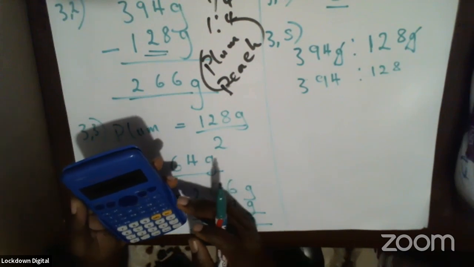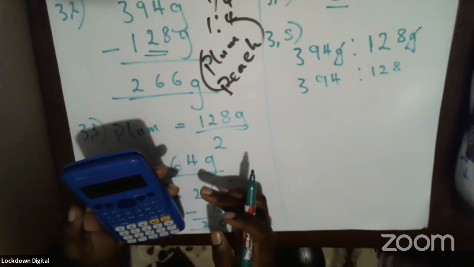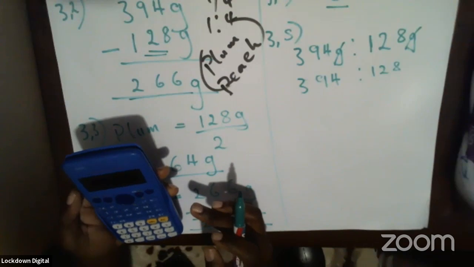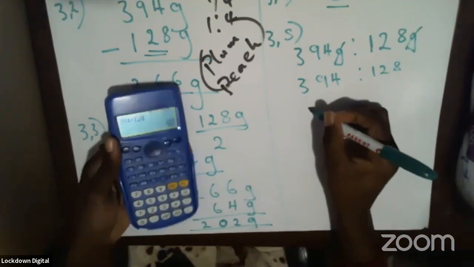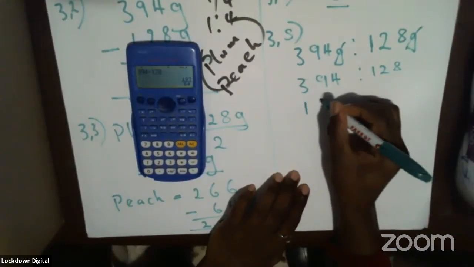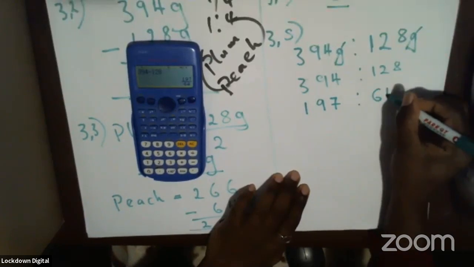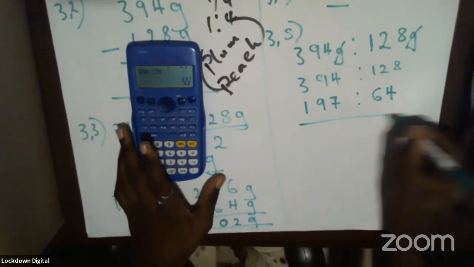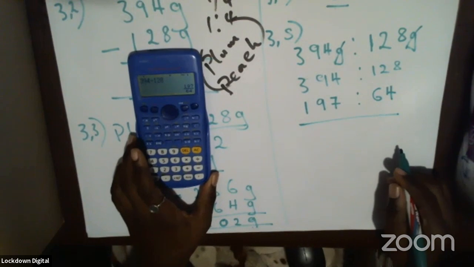Then I need to convert this number to a fraction. I hope you can see that this is the fraction that I will get. So I got 197 to 64. This is the simplest ratio that you can get.